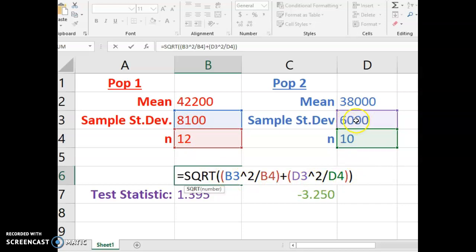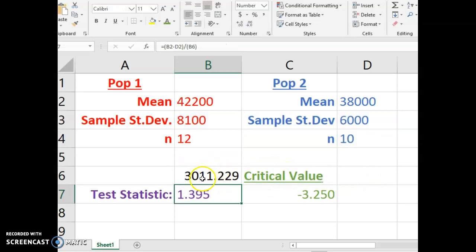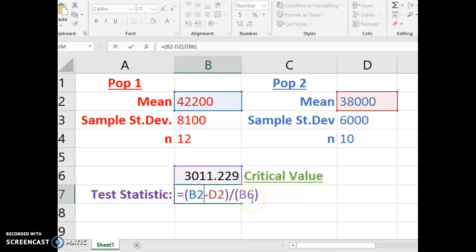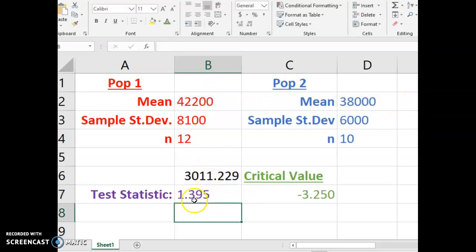Sample standard deviation, square it, and divide by the sample size. Add those two results together, and you're taking the square root of the entire thing. That goes on bottom, and on top we're subtracting our two sample means from each other, finding the difference between the sample means. That is our test statistic.